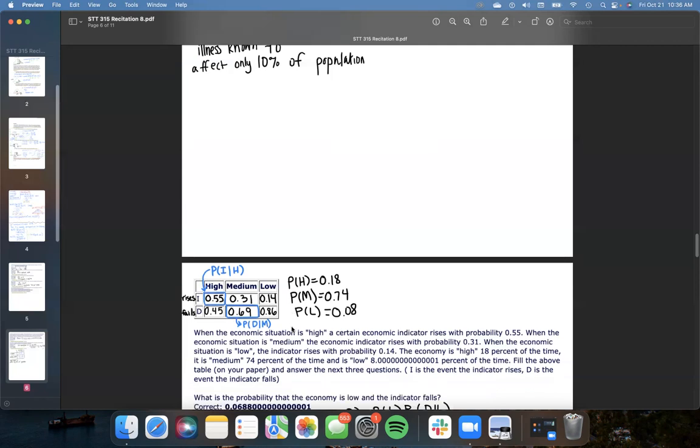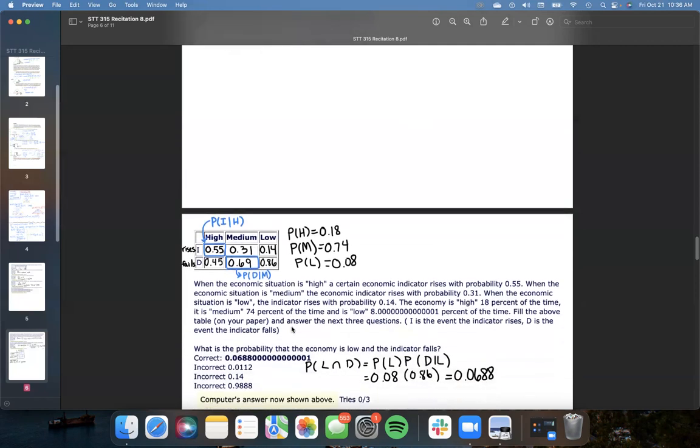Let's see what the first question is asking. What is the probability that the economy is low and the indicator fails? Here our keyword is "and", so that's an intersection situation. So we have the probability of L intersect D, where L is low and D is fails.